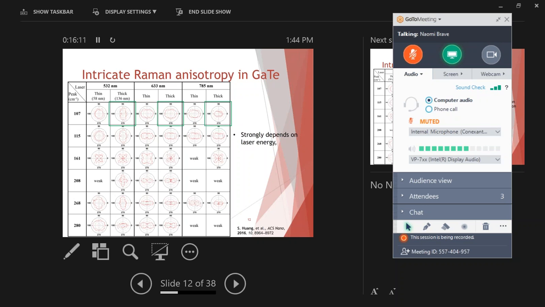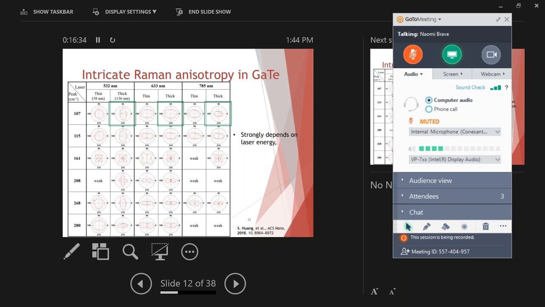So let's first look at these 3 polar plots. These 3 polar plots are for one flake, for this 107 Raman peak, but at different excitation wavelengths. We can observe that the Raman polar plot is oriented differently for different incident laser wavelengths.